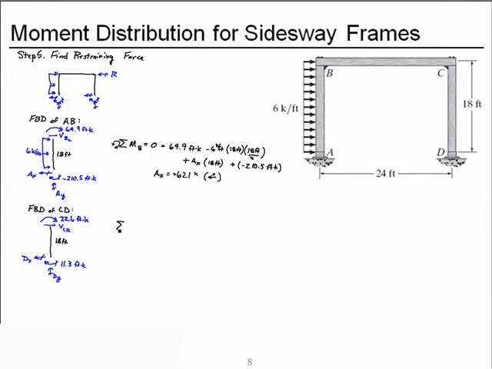So we sum moments about point C. Again, I'll choose clockwise as positive. We have a positive contribution from the moment reaction. We have a positive contribution from the horizontal reaction at D, acting through 18 feet.